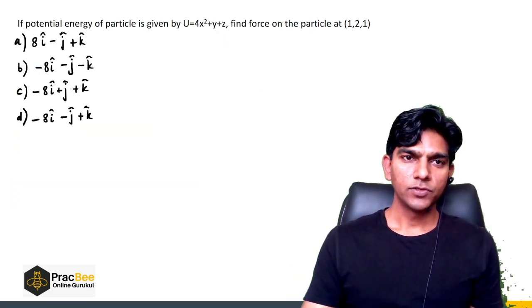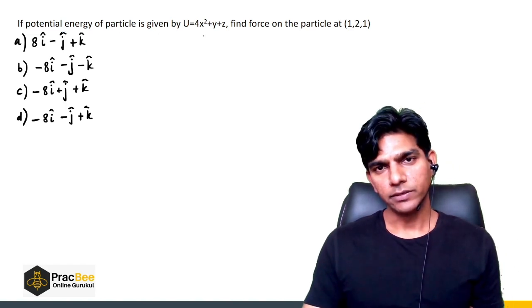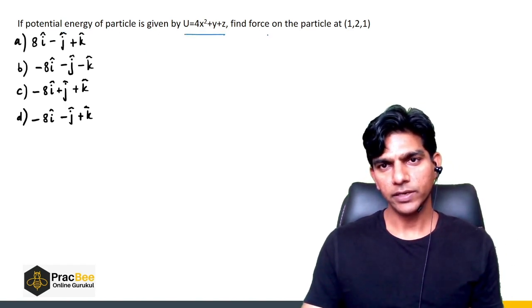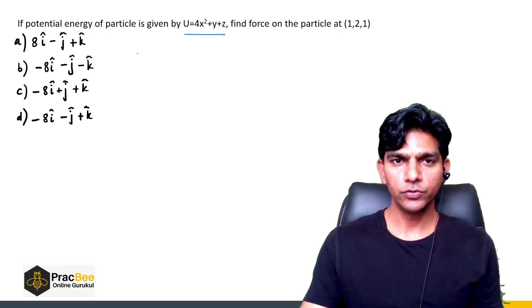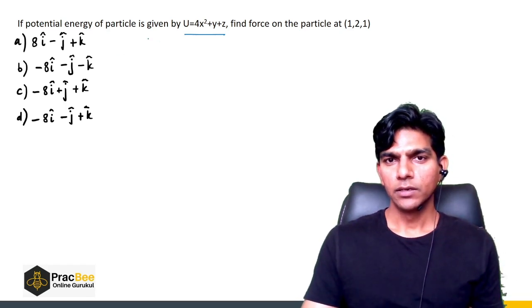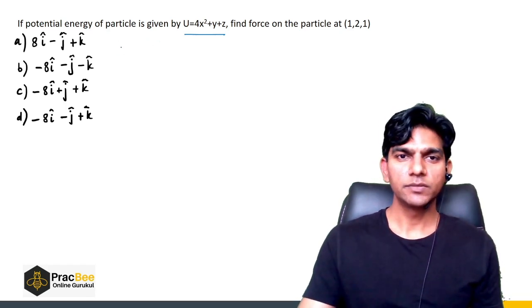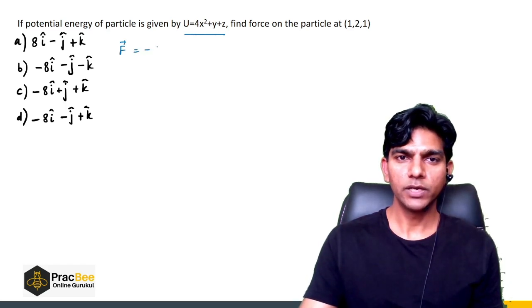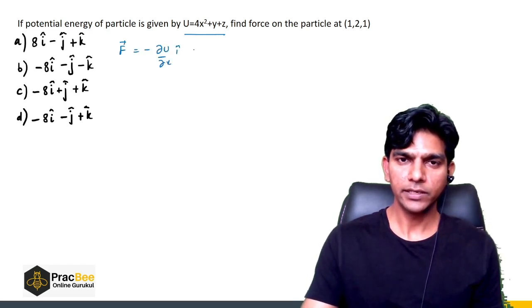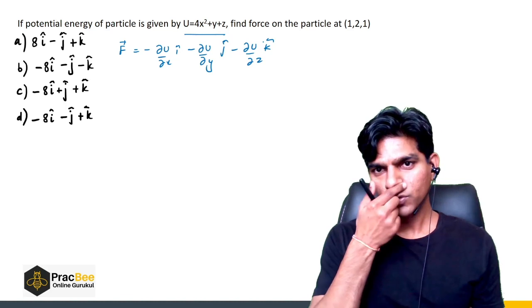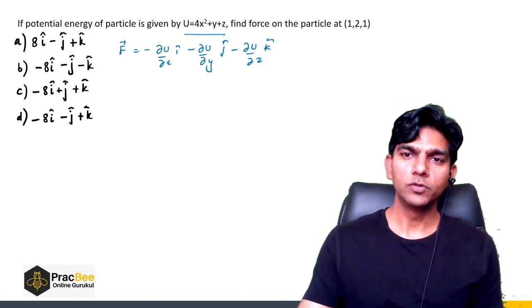Next, potential energy of a particle is given by this function. Find the force on the particle. So if you remember, we have done this. It's based on the partial derivative concept. So the conservative force will be given by minus del u by del x i cap, minus del u by del y j cap, minus del u by del z k cap. Now we need to find the force at 1, 2, 1.